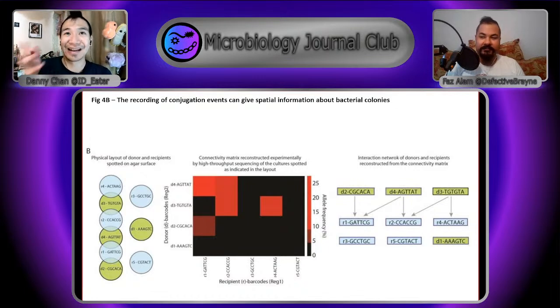From that, they get that heat map, and from the heat map you can reconstruct what was close to what, based on which barcodes got written to which register. It pretty much recapitulates the pattern they have in B.